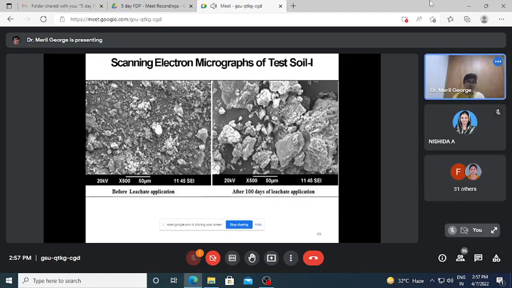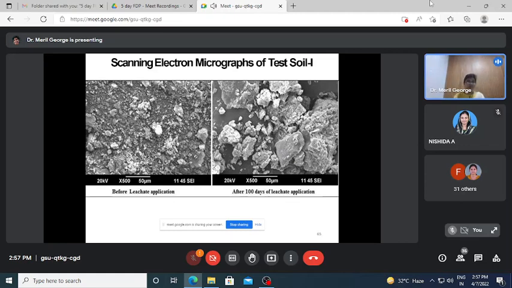For test soil 1, it shows an occurrence of grains of silt and fine sand fractions and a little amount of clay asymmetrically between loose grains. And when we consider test soil 1 after 100 days, the first figure is initially, that means before application of leachate, and the second is after 100 days of application of leachate.